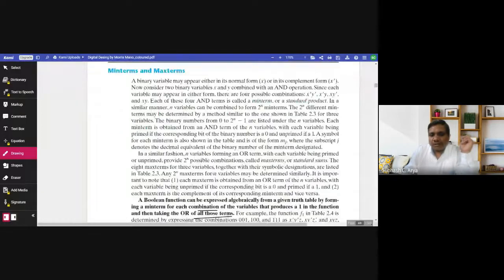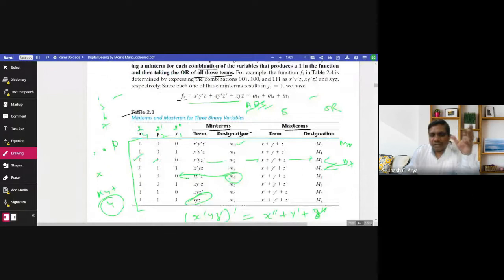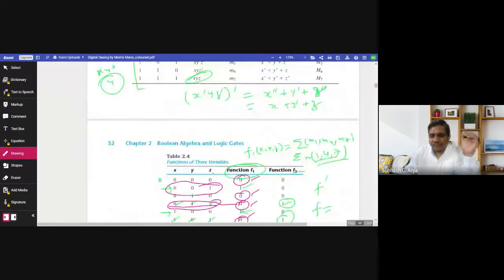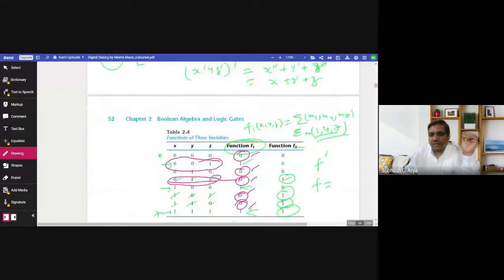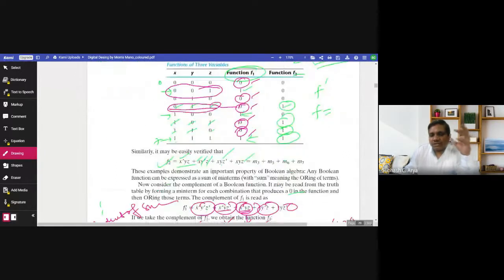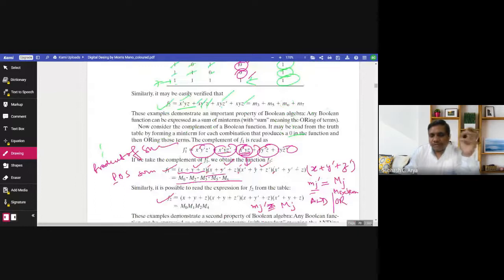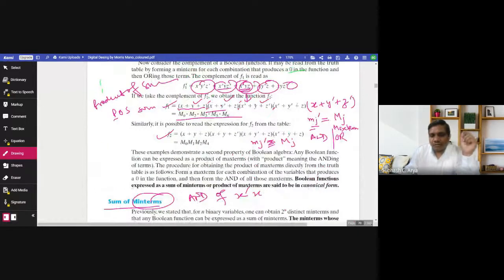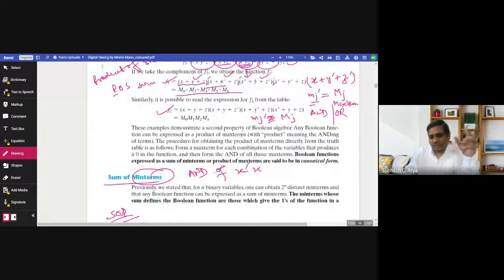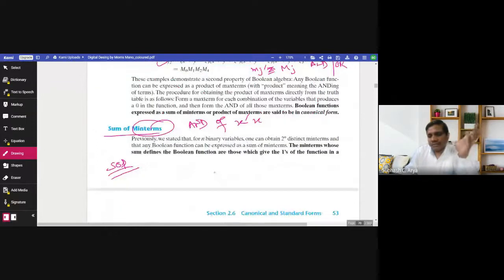Then we came to know how to write a function in terms of a truth table, and from the truth table how we can represent functions in terms of min terms as well as max terms. Then what is the relation between min terms and max terms, and how to convert min terms into max terms.